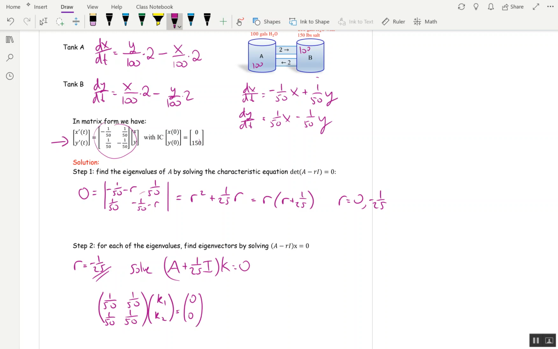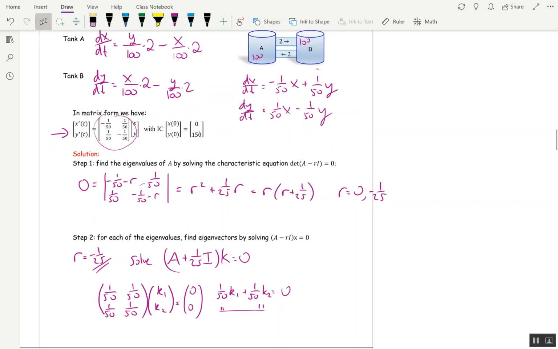So that gives me two equations. 1 over 50 K1 plus 1 over 50 K2 is 0. And then the exact same equation, which of course I can ignore because it's just the same equation. Solve for K1 in terms of K2, and that gives me K1 is negative K2.